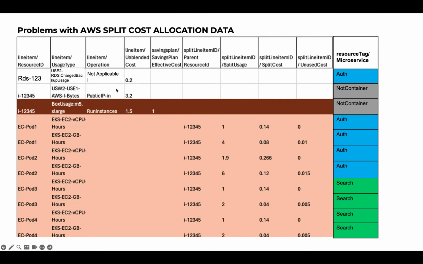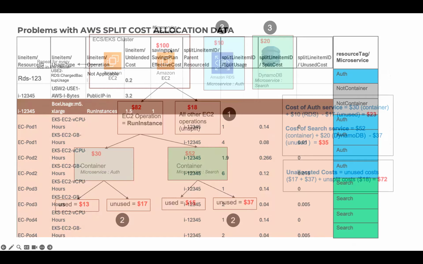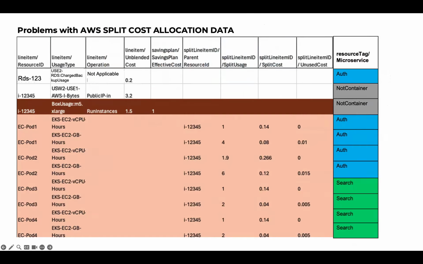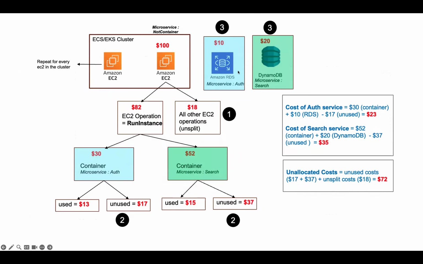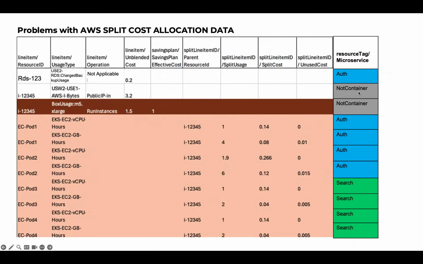And obviously, because the EC2 itself has been tagged as microservice not container, you will see a tag of not container on these line items. But the RDS instance here, we did tag it as microservice auth, so you'll see that tag as well here, okay?